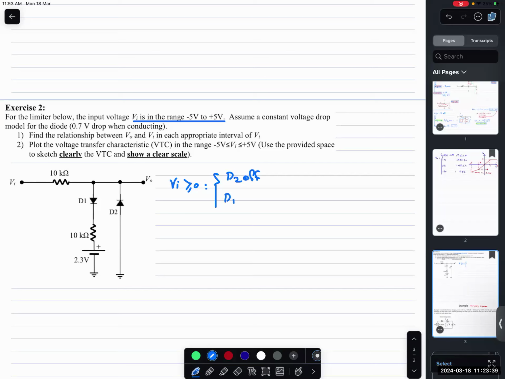But D1 on, so listen, D1 will turn on if the voltage here becomes bigger than 0.7 plus 2.3. Okay, so if VI becomes bigger than 3 volts, then D1 is on. Okay, of course I can say that. Okay, and the D1 is on.